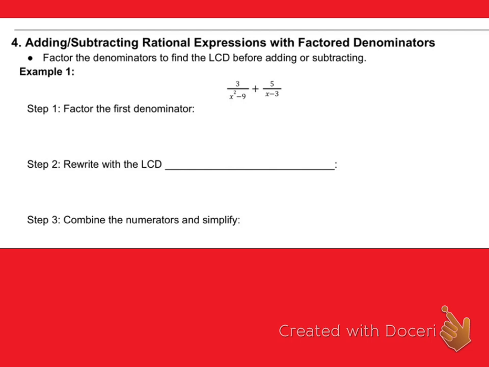Adding and subtracting rational expressions with factored denominators. So this first example here, we need to factor the denominator in the first term. What's x squared minus 9? X plus 3, x minus 3. Good. So that means we need to multiply the second term by x plus 3.